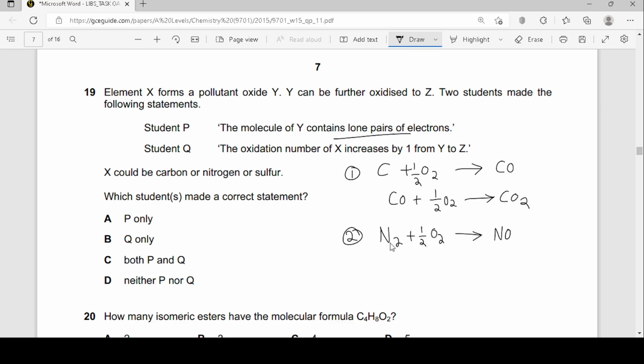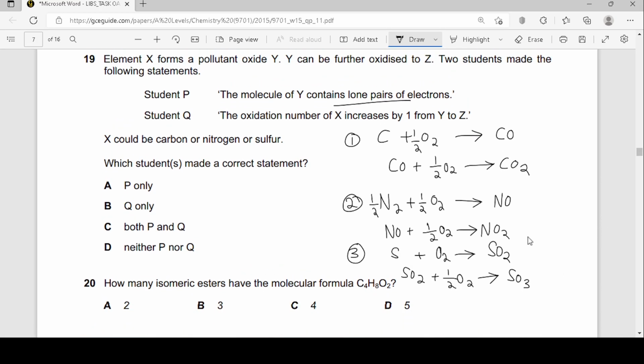So 1/2 N2 plus 1/2 O2 gives NO, and then NO plus 1/2 O2 gives me NO2. That's my second one. And then if I consider sulfur finally, I'm just going to take it as S, but you could take S8 I suppose, but S just makes things simpler. S plus O2 gives me SO2, and then SO2 plus 1/2 O2 gives me SO3.